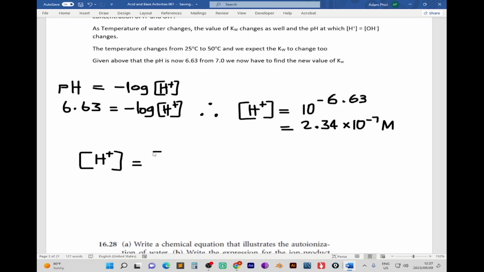So the acid and the base, because it's supposed to be at equilibrium, are both 2.34 multiplied by 10 to the power negative 7 molarity.